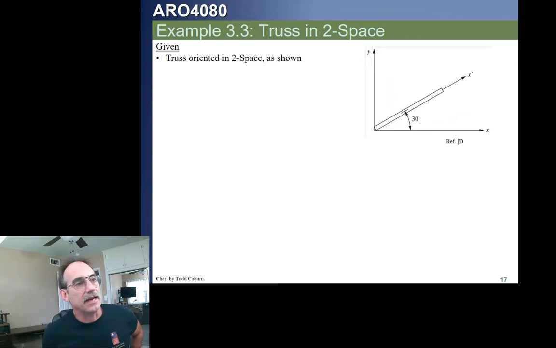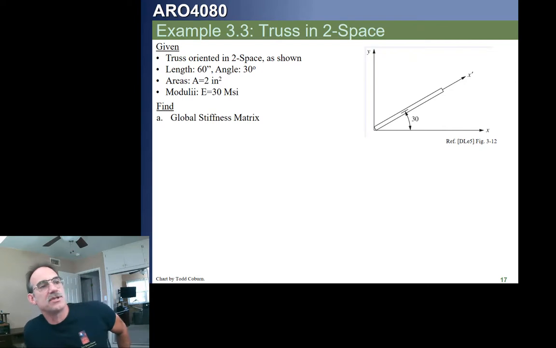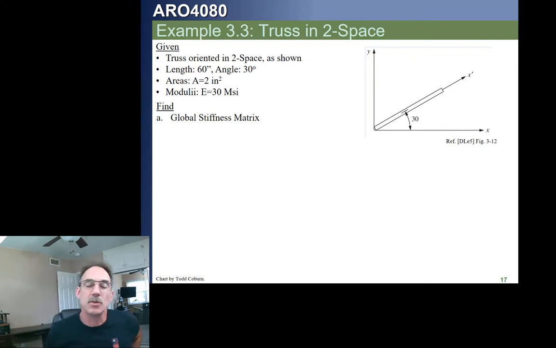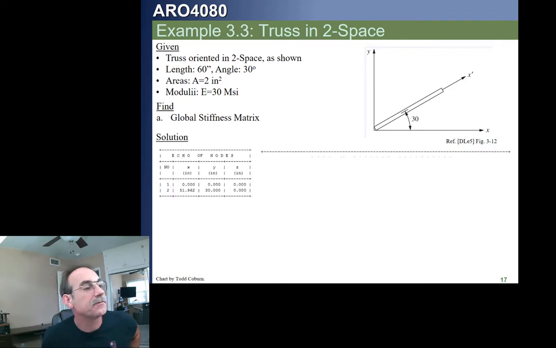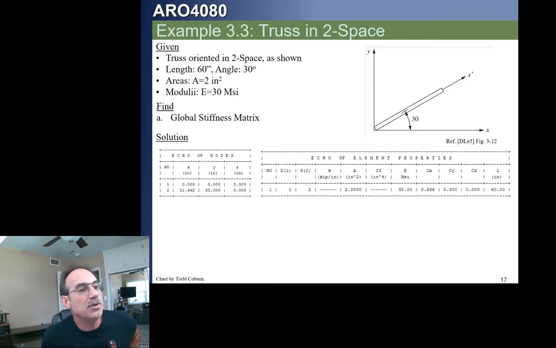Example 3.3. Here we have a little truss in space. We have a length and an angle. We have an area and a modulus. What we're looking for is the global stiffness matrix. So we're going to start with a local stiffness matrix. We're going to transform that. So here are our nodes. These are the properties we have for our nodes. These are the little direction cosines for those nodes.